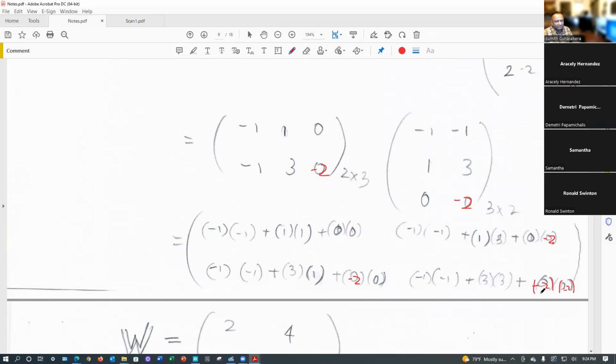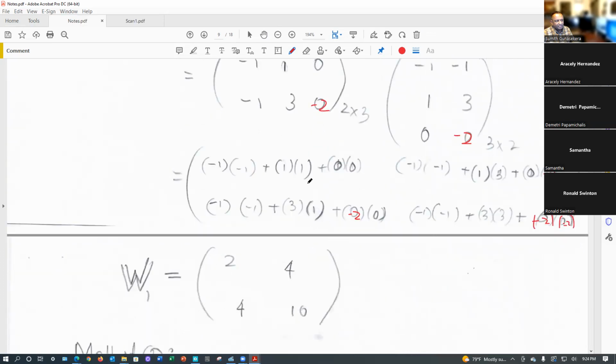Then you get 1, 1, 2. This one, 3, 1, 4, 4, 9, 10, 14. Should be 14, 2 by 2. See, that's another way to get this done.